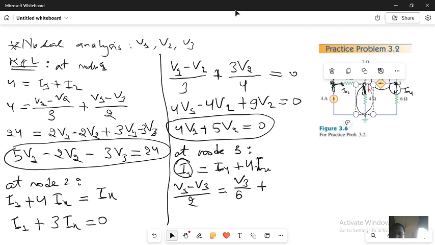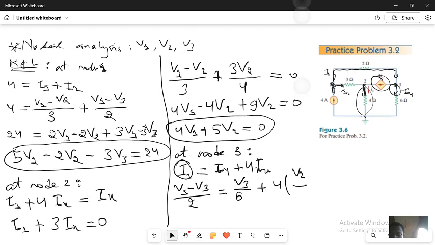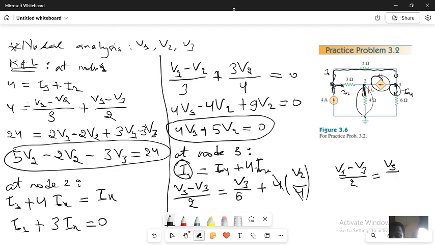So it's going to be plus 4 multiplied by V2 divided by 4. This 4 and 4 will cancel. So I will have V1 minus V3 divided by 2 equal V3 divided by 6 plus V2.